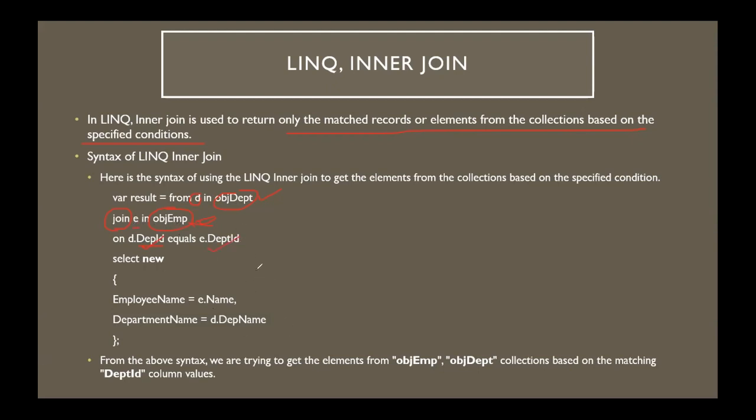So you're joining based on the department ID column, which is present in both objects, and then select new, giving the employee name with the name property and the department name with the department name property. From this syntax, we get the elements from these two collections based on matching the department ID column. That's inner join.